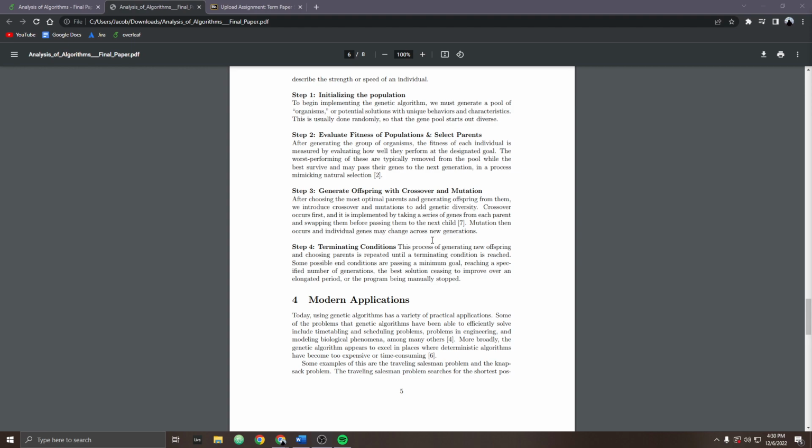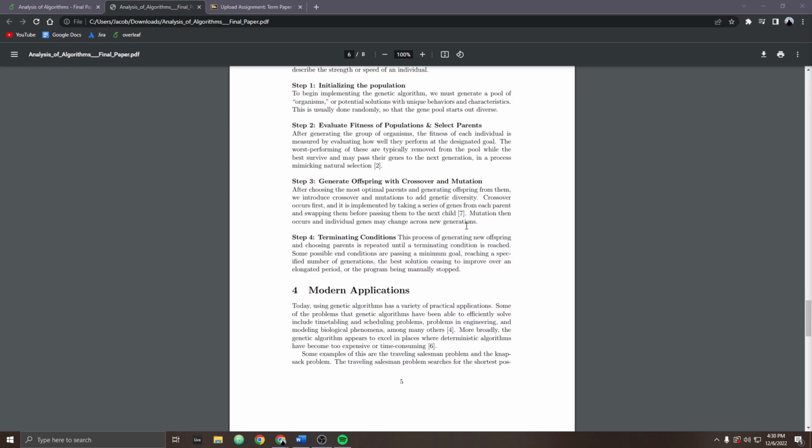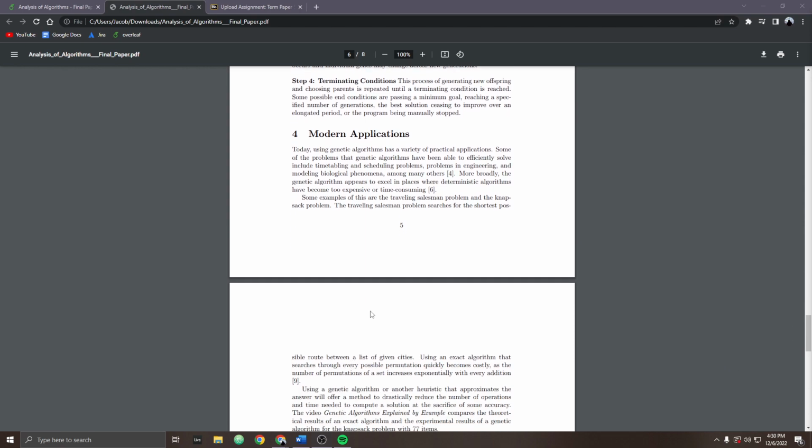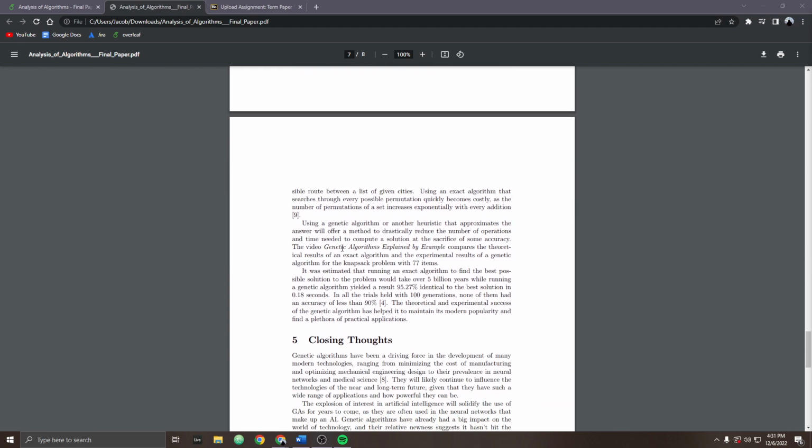You could terminate after a certain amount of time passes, after a minimum goal is reached, or after the population plateaus. In other words, an optimal-ish solution is reached, and no solutions are being found that are better than the proposed one for a certain period of time.